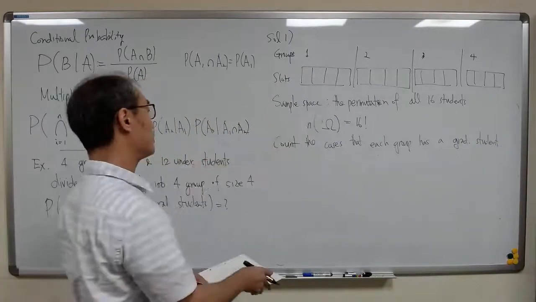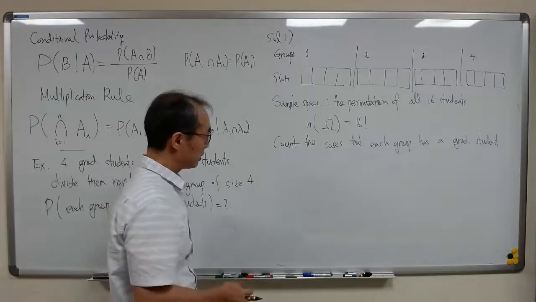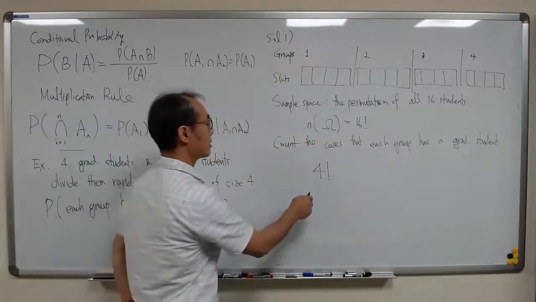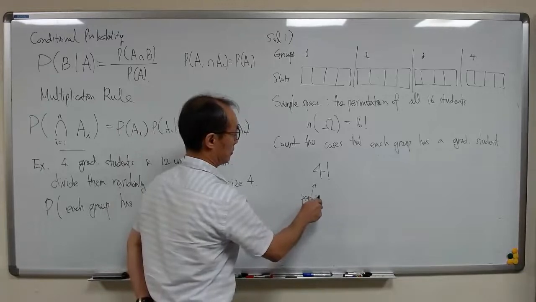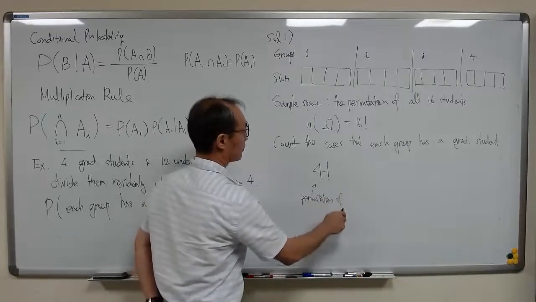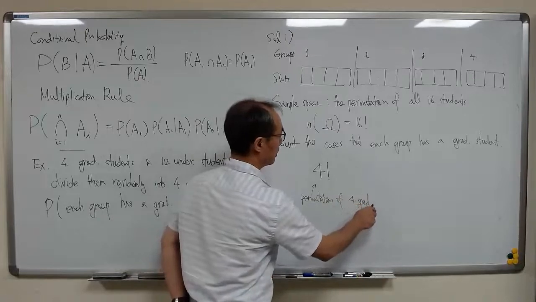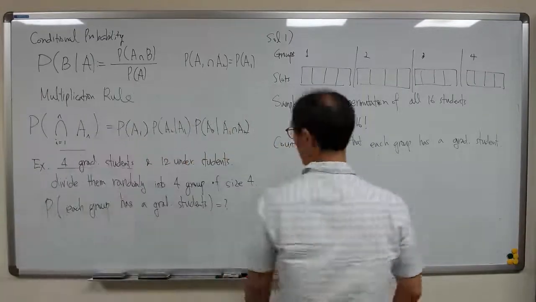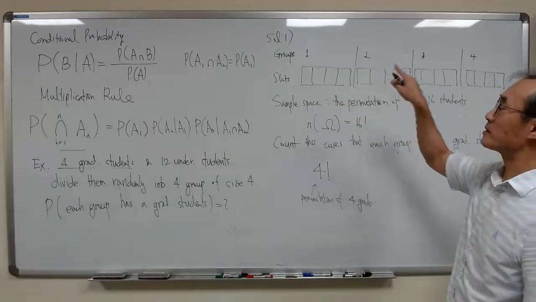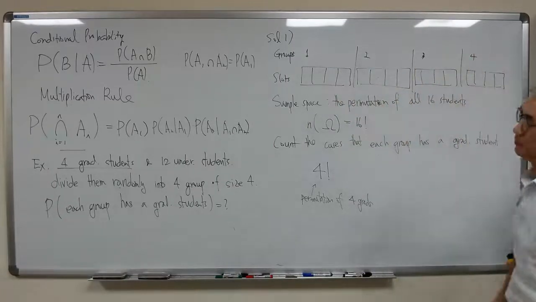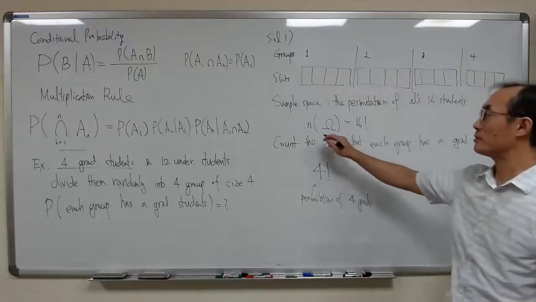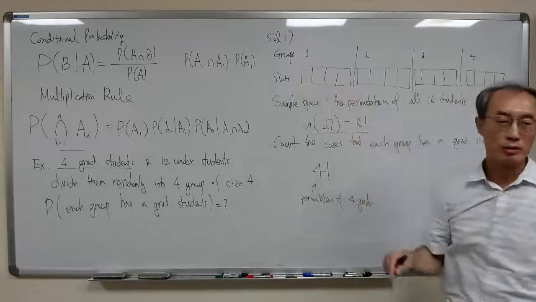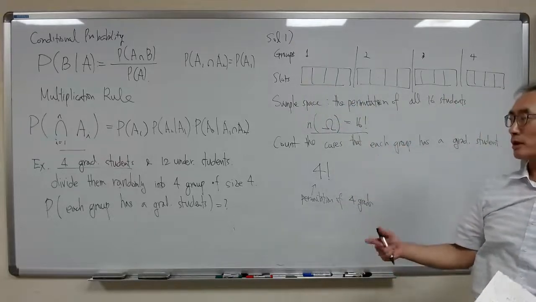There are various ways to count these kinds of cases. Here, let me first choose 4 factorial, which is the permutation of the 4 graduate students. Then we assign the graduate students to each of these groups. In this sample space, the location of the graduate students at each slot will be counted as a different sample.